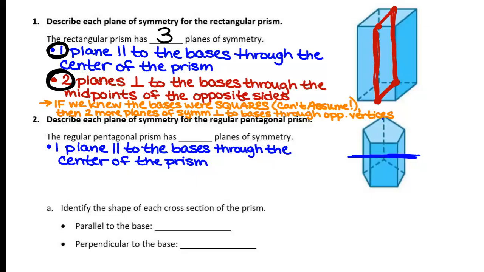When I'm looking at these prisms and I'm looking for planes of symmetry, I will always be able, on a prism, to chop halfway in between the top and the bottom, parallel to the top and the bottom, and get a top piece and a bottom piece that are exact same size and shape, that are mirror images of each other. So I'll always be able to do the one that's parallel.